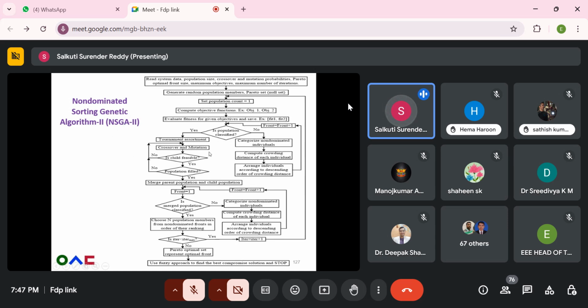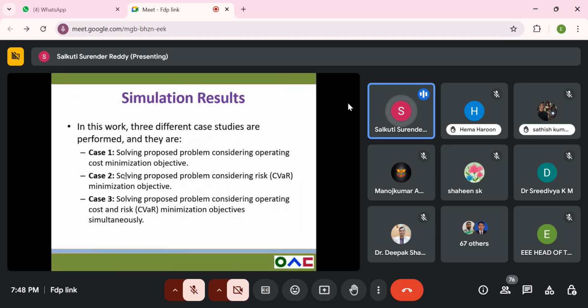This is the flowchart we used for solving this problem. Here we used the non-dominated sorting based genetic algorithm to solve multiple objectives. We studied this problem in three cases. Case one is the cost minimization objective, case two is the risk objective, and case three is both objectives together.